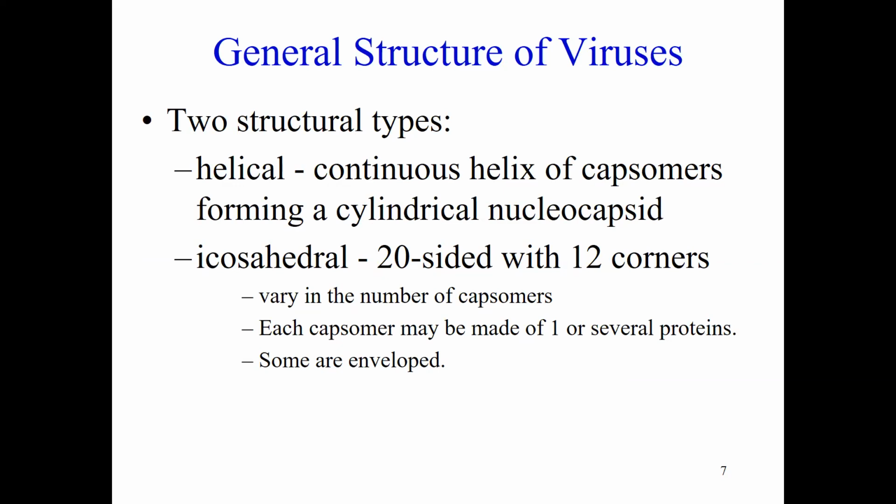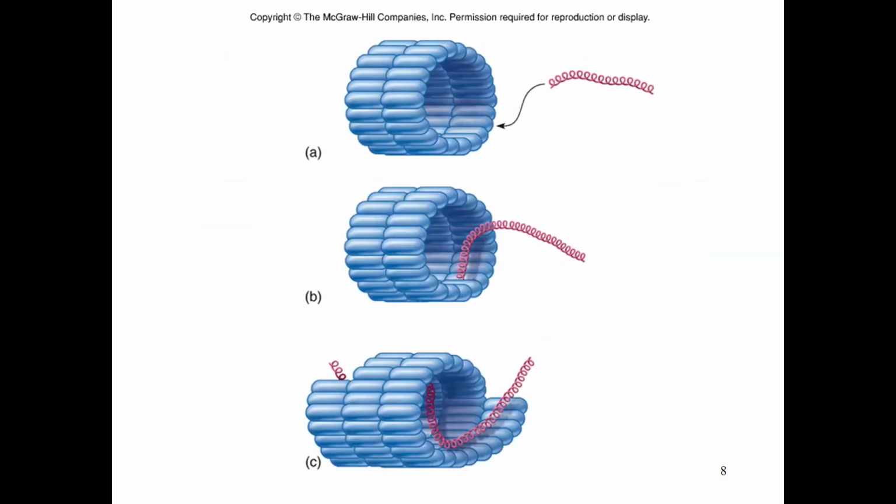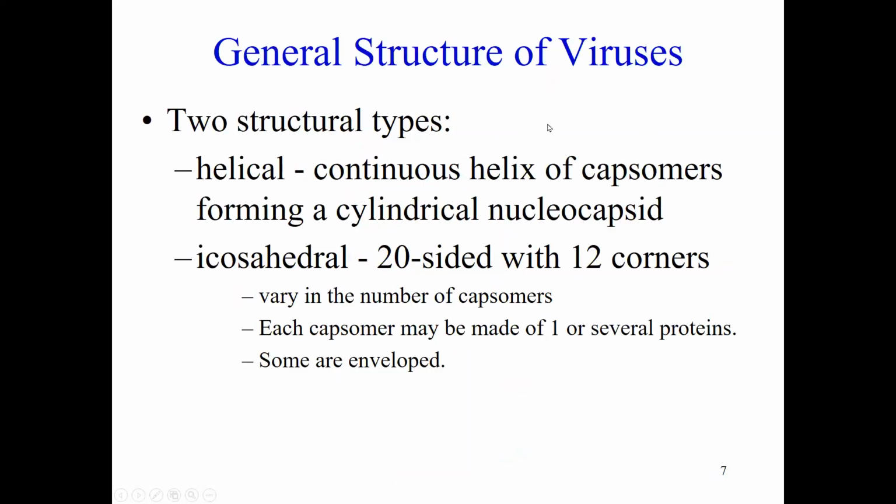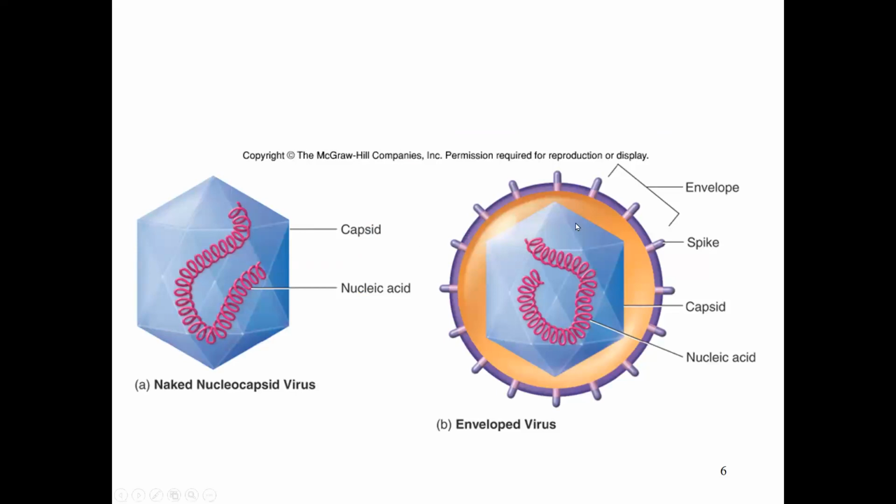It's typically multi-sided, has 12 different corners. There's some variation in this structure. Some of these can be enveloped. This would be a helical example versus an icosahedral. I mean, this is kind of an example. It doesn't look that great. This would be a better example of your icosahedral here.